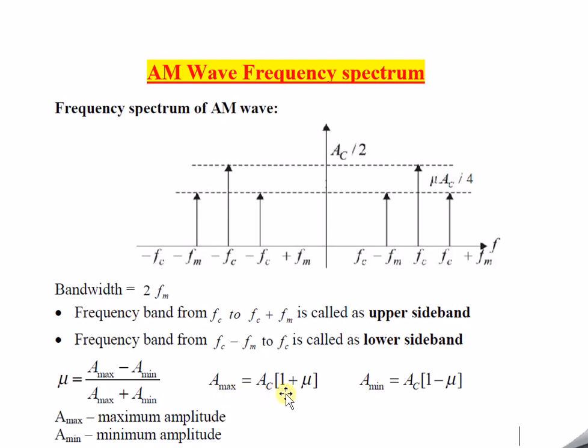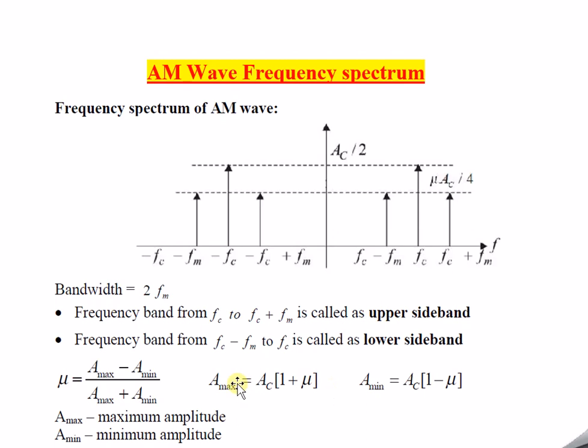So A max, how to calculate? A max is nothing but AC into 1 plus mu, and A minimum is nothing but AC into 1 minus mu. Because of these equations, we can derive the mu equation. The mu equation has arisen only because of this.